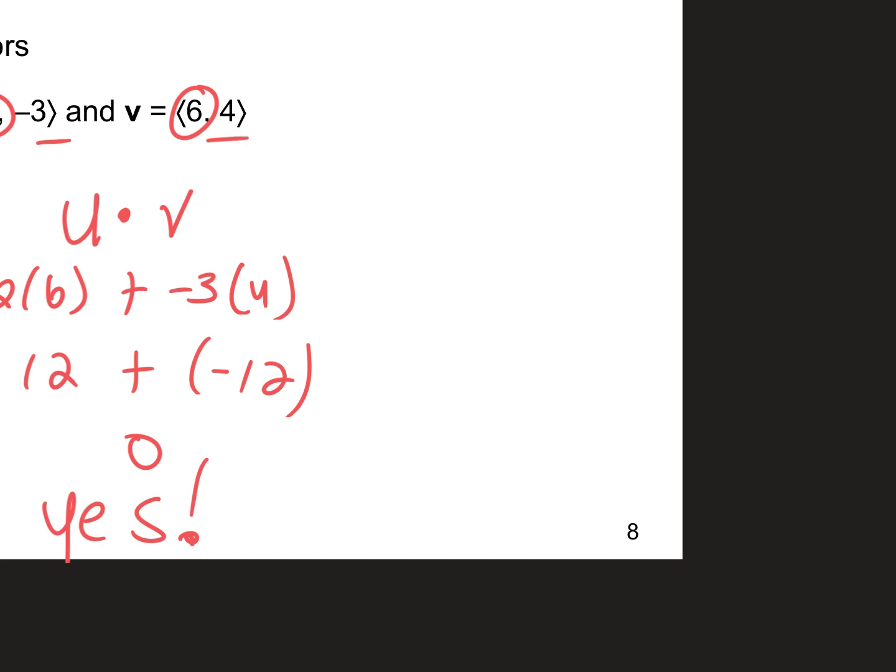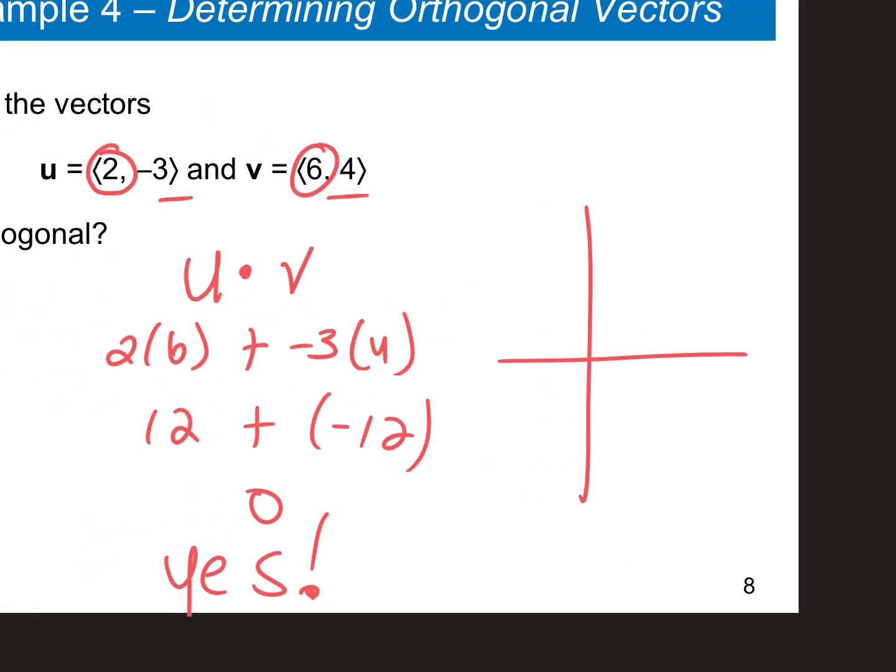Now, guys, what this would look like, look, if you graph this vector from the origin, vector u goes over 2. I just want to show you. Guys, it's just like graphing a line. The only thing that's different is there's a point or ray at the end. So 2, -3. So over 2, 1, 2, 3. Here is vector u. It goes like this, right?